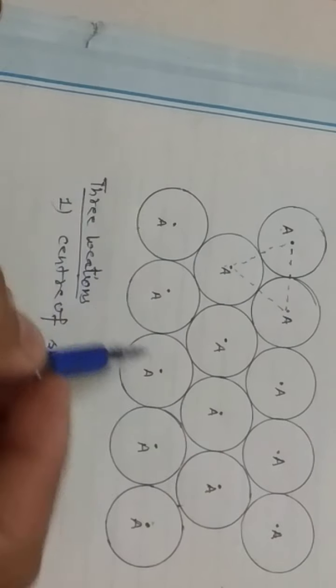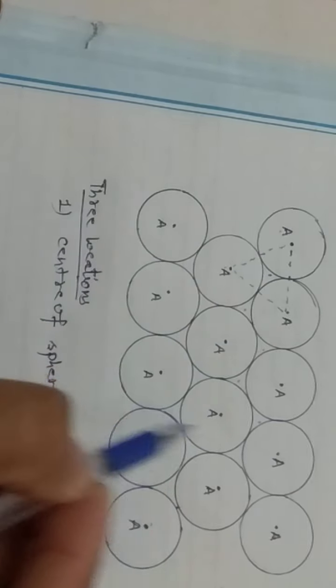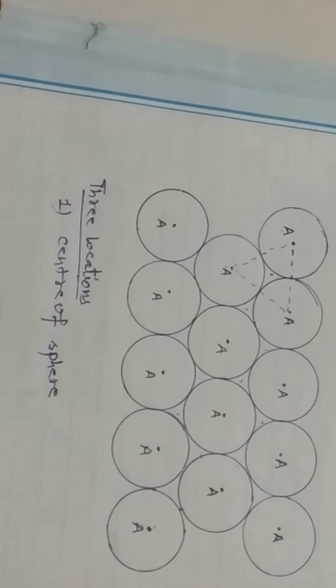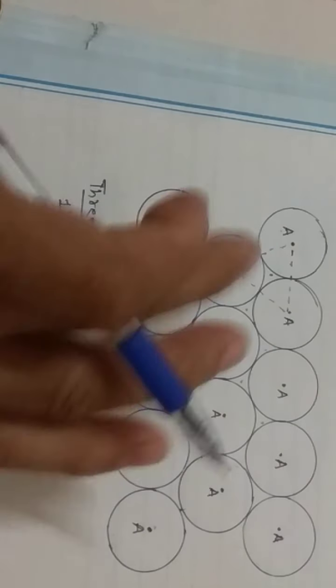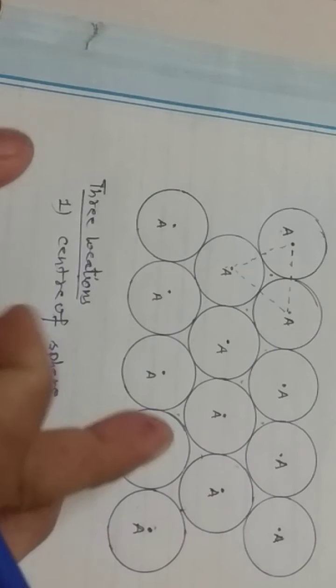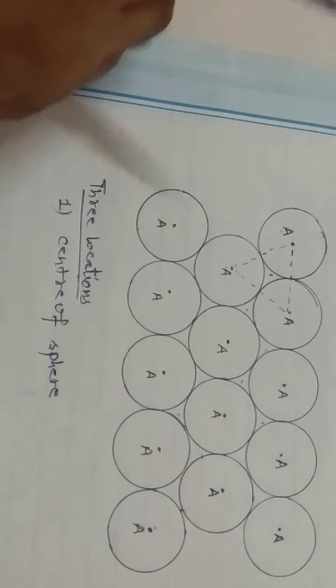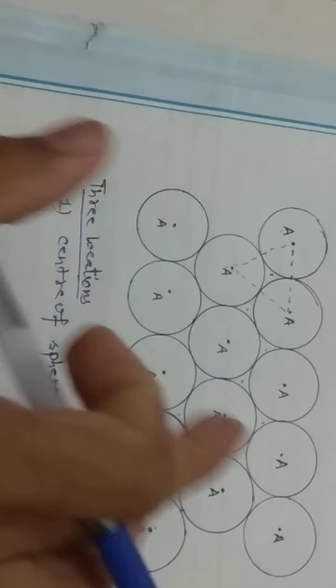So class, you will see now that these spaces are unoccupied. These all unoccupied spaces are equivalent, but I am showing them by different colors alternately.